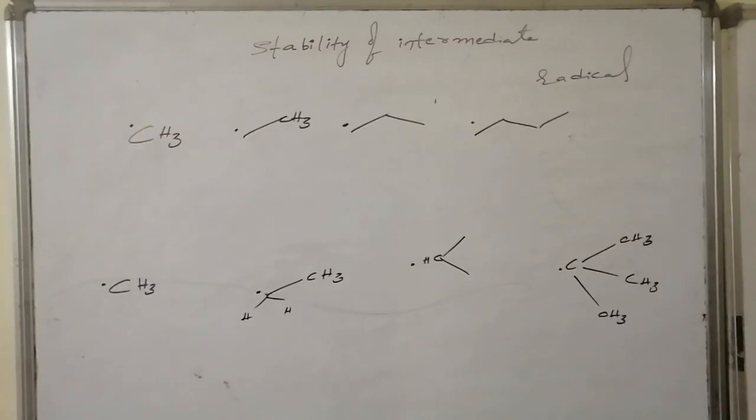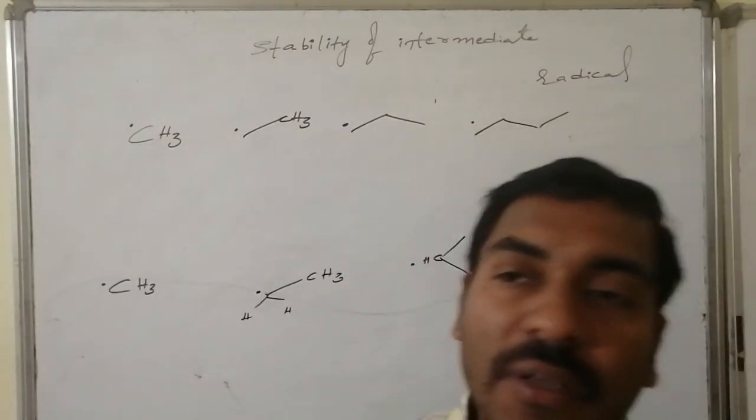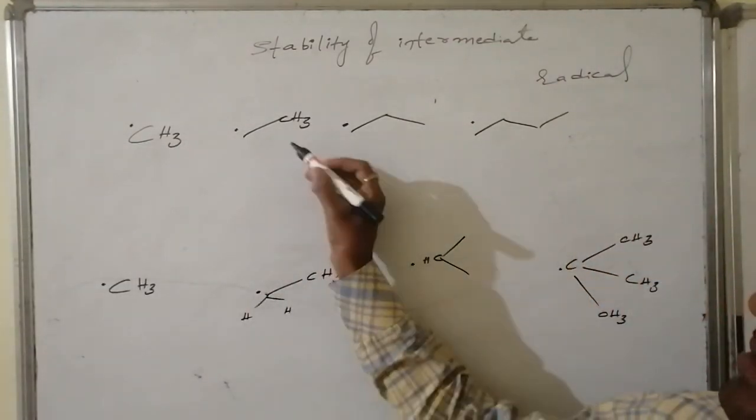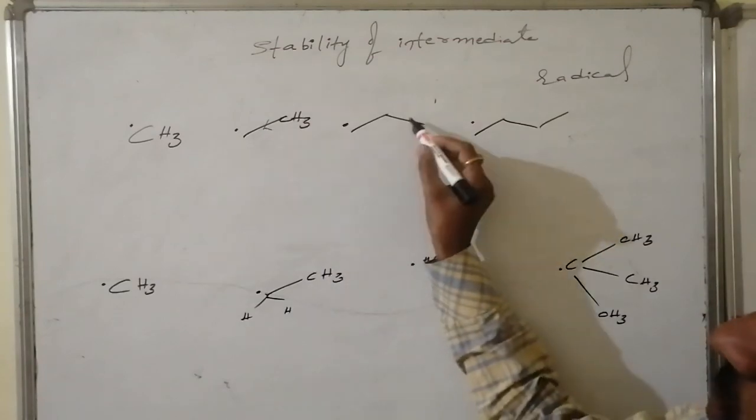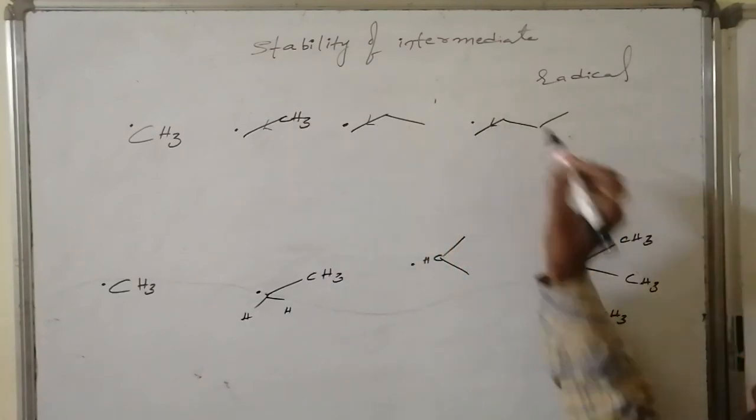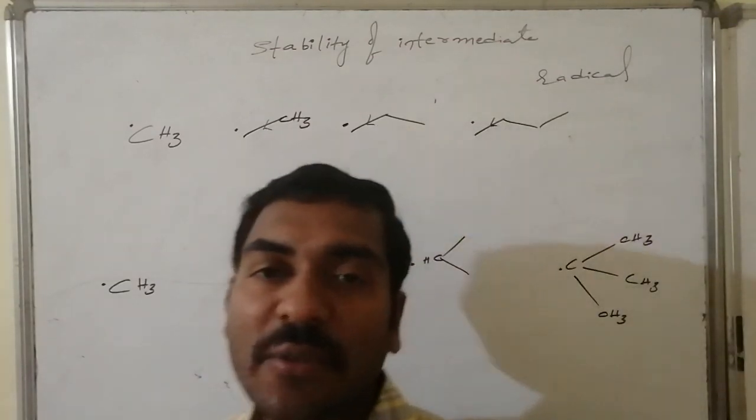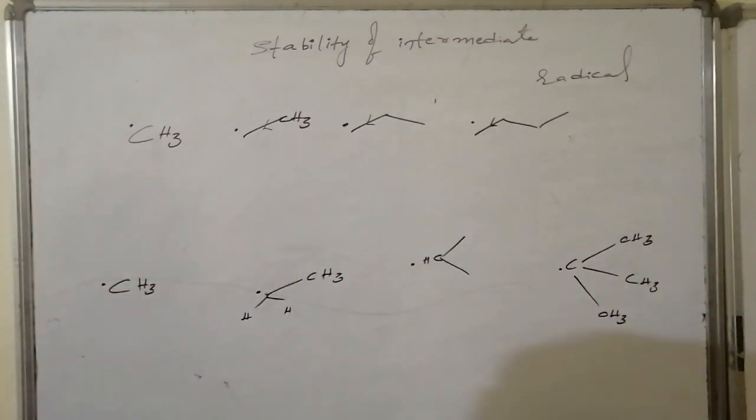Yes, as we discussed, radicals are also considered similar to cations. Hence, this group is a positive inductive effect group, a very high relative positive inductive effect group. As a result, more dispersion is present, which implies more stable.